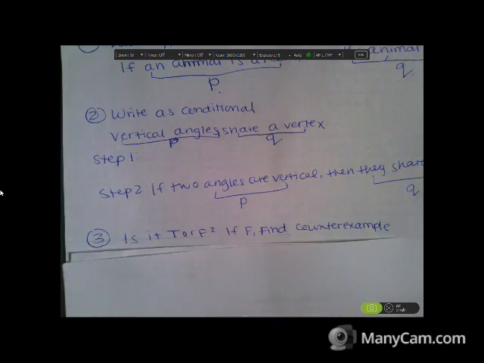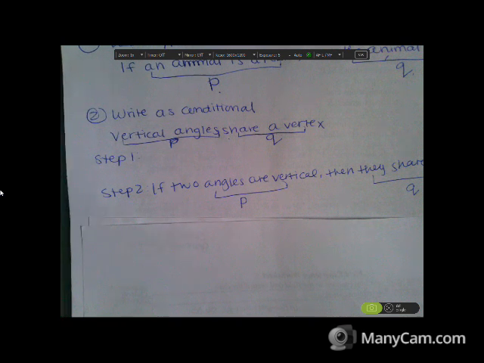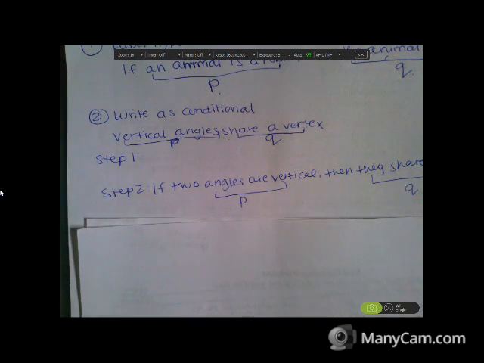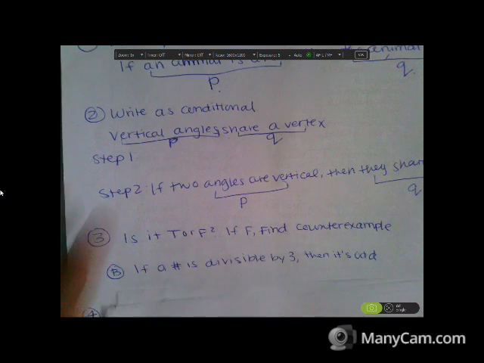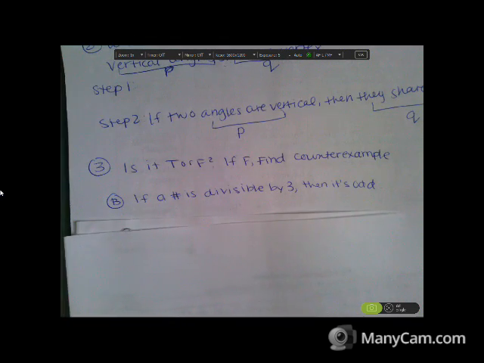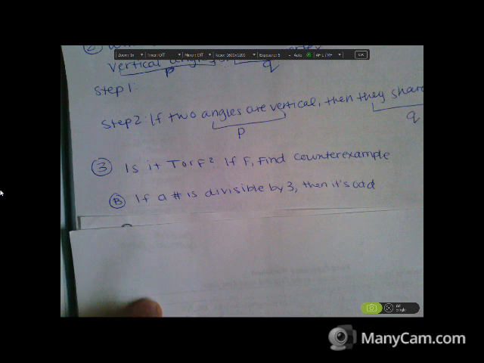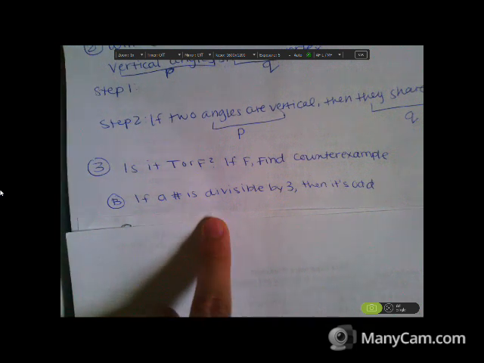Okay, now we're moving on to problem 3. Problem 3 is asking, is the following conditional statement true or false? If it is false, find a counterexample. So let's look at problem B. If a number is divisible by 3, then it is odd.